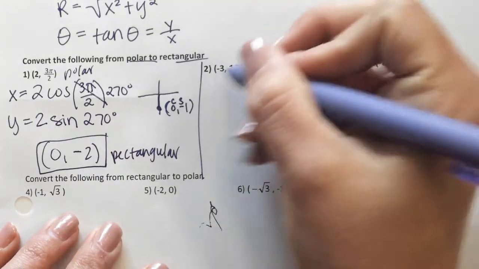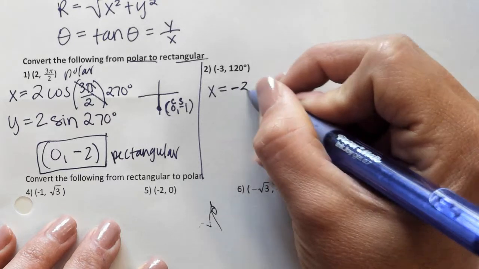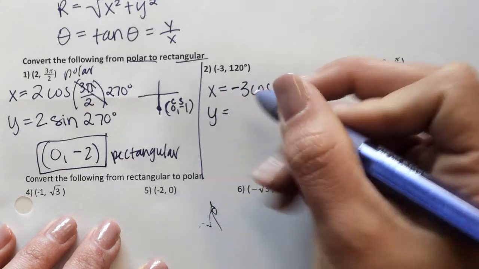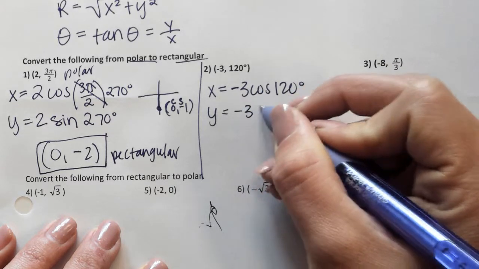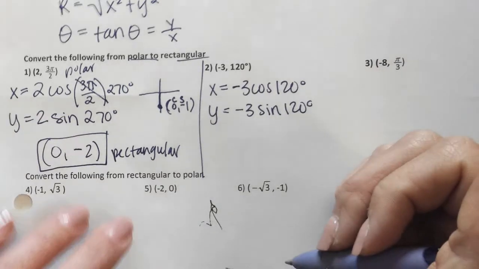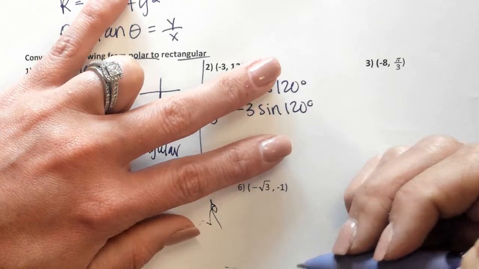Alright, to set up x, it would be x equals negative 3 cosine of 120. Next one would be y equals negative 3 sine of 120. Good. What's the reference angle for 120? 60. Very good. So cosine of 60 is going to be what? 1/2. Very good.